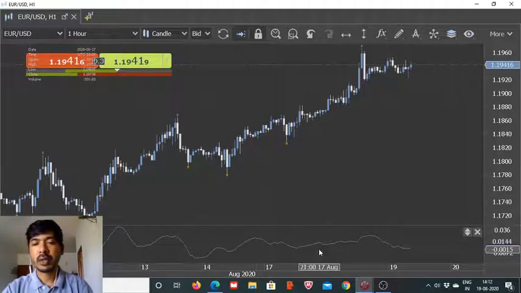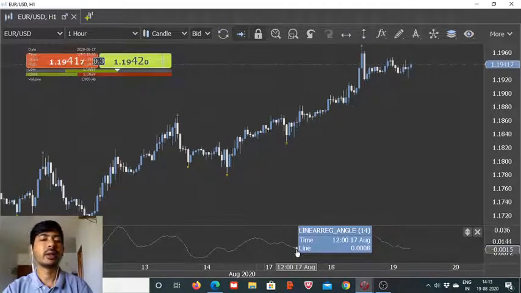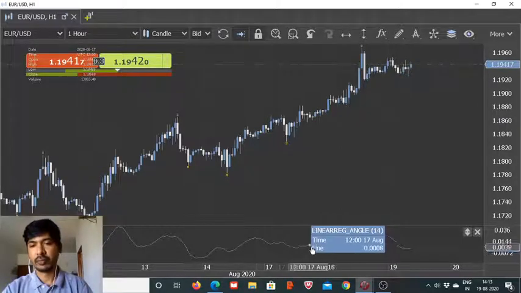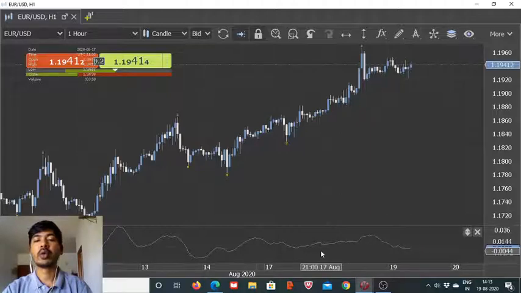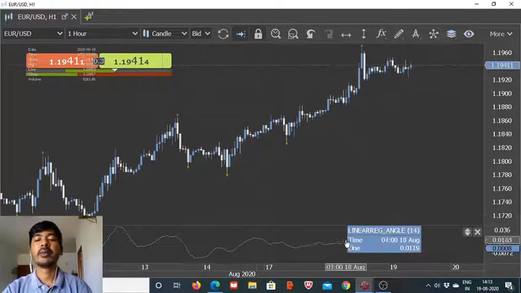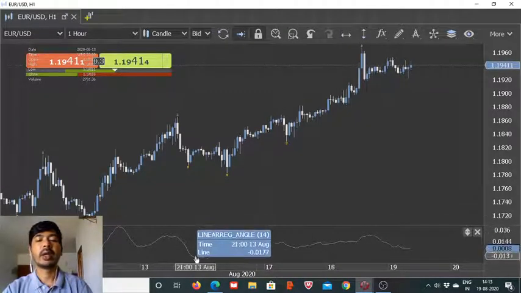So here the linear regression angle is fairly easy to understand. It is basically the value ranging from 0 to 1 or 0 to minus 1, and on the positive side, higher the value, stronger is the underlying trend, and on the negative side, lower the value, stronger is the bearish trend.